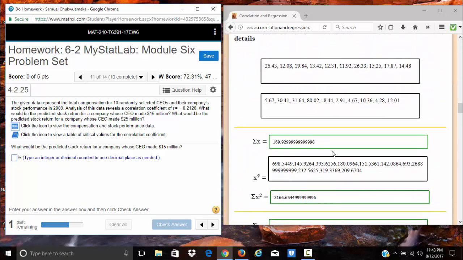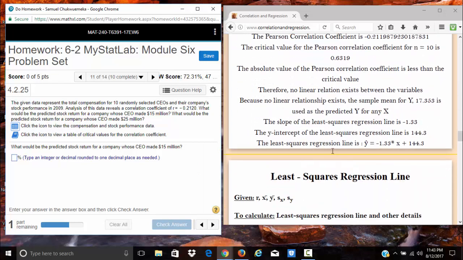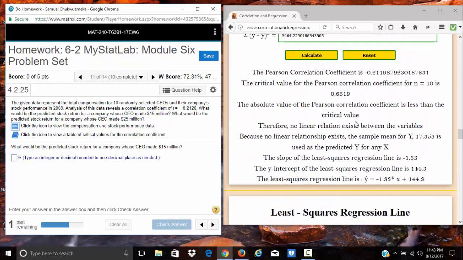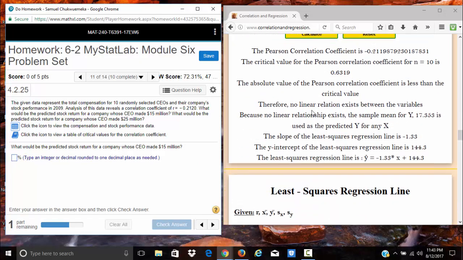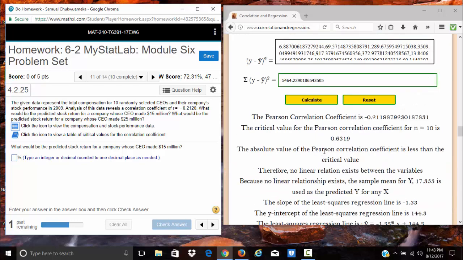As you can see, no relation exists between the variables, so there should not be a least squares regression line. This was because of the former question.